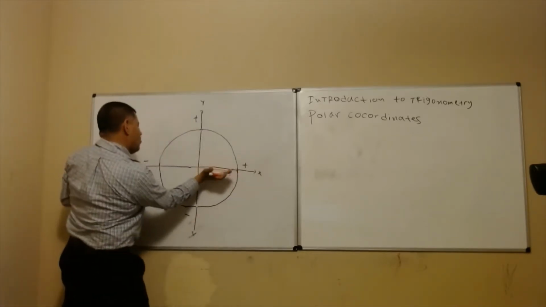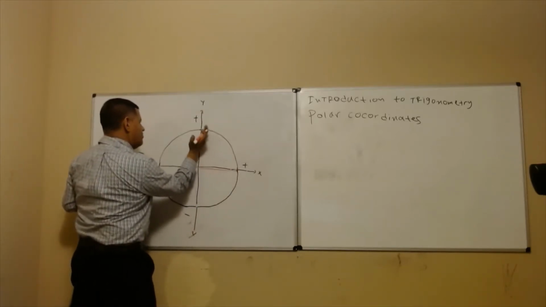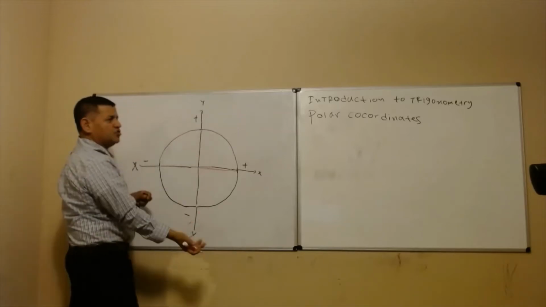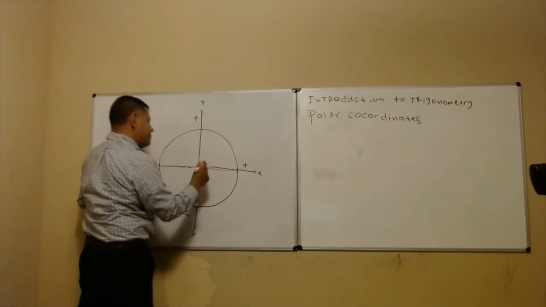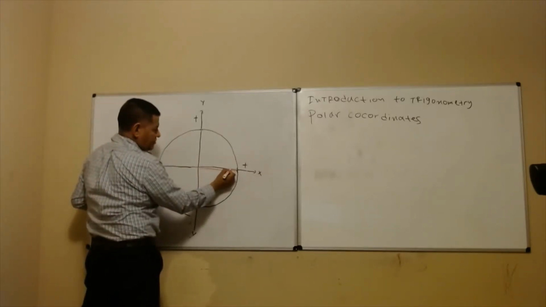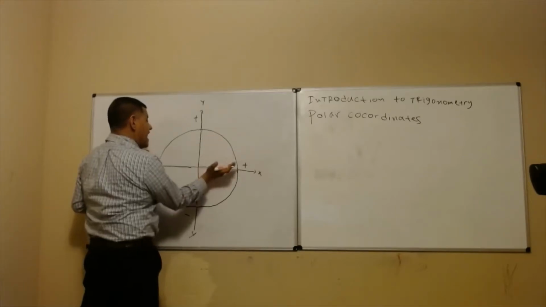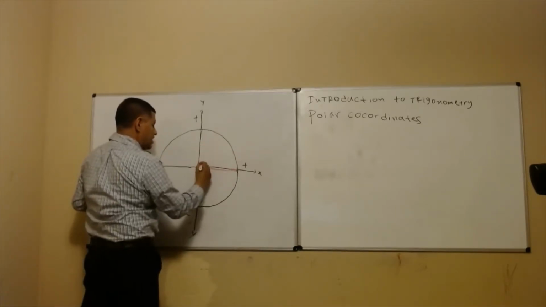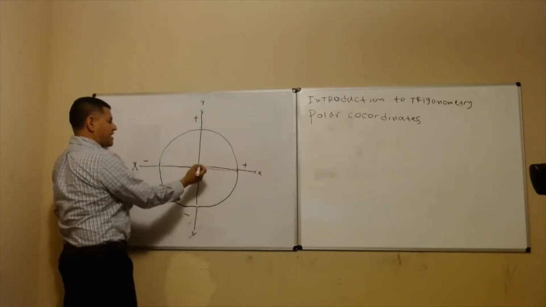So I start somewhere in that line, and I go around the circle counterclockwise, right? And notice that here the angle is 0, right? But if I start increasing that angle, the angle is increasing, so therefore it's getting bigger and bigger, right?